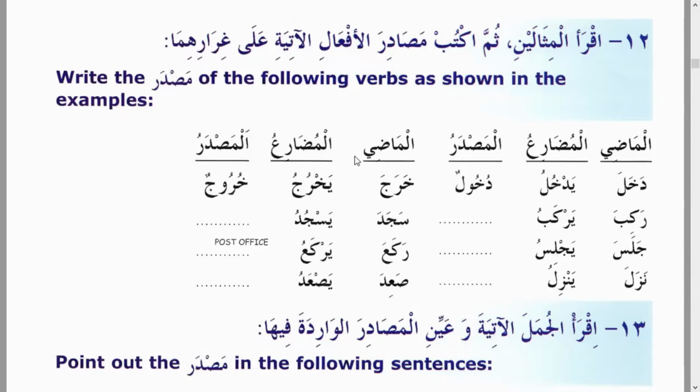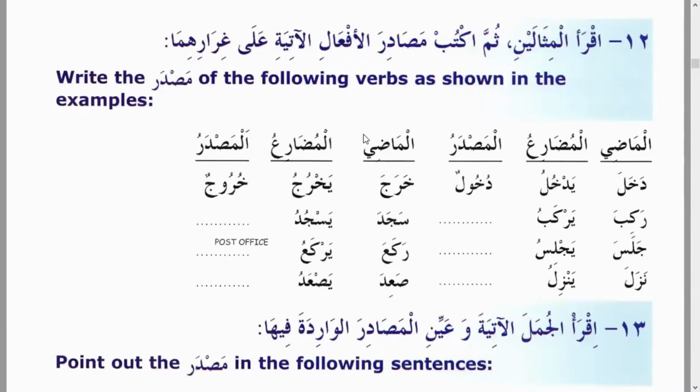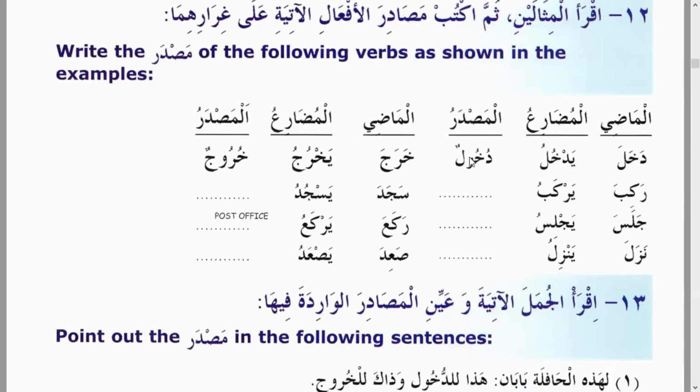This is the most problematic, because we have to memorize them like we memorize the vocabs. There are patterns, but there's so many, like tens and tens of patterns. Here he's teaching us fu'ulun pattern, and there's no rule which pattern will come to what. It's just that we have to memorize them.